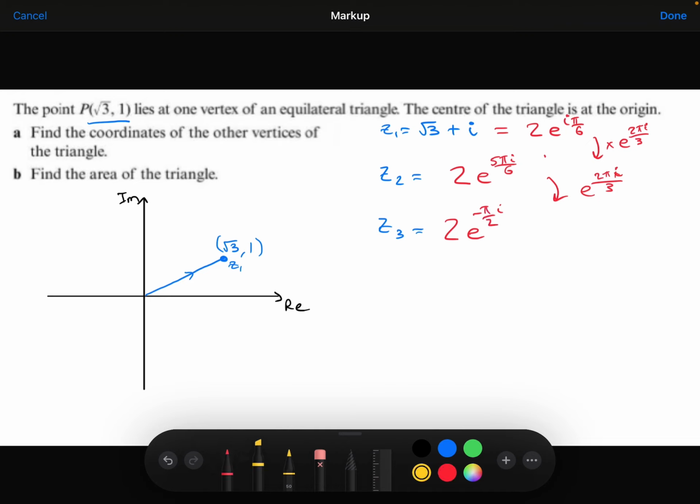So we have the three roots of the equation, which are going to represent the three coordinates of the vertices. To plot those, let's turn each of them back into Cartesian form.